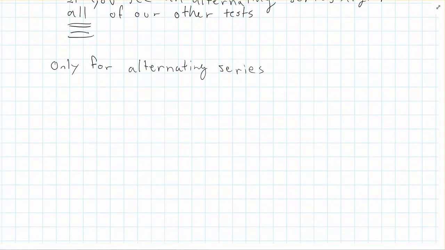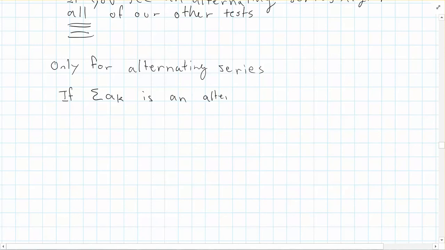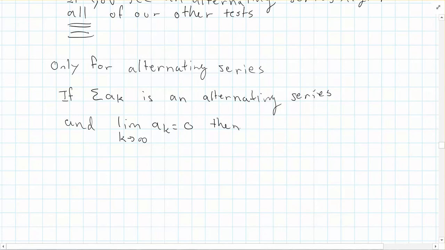So the test is that if the sum of a sub k is an alternating series, and the limit as k goes to infinity of a sub k equals 0, then the series converges.